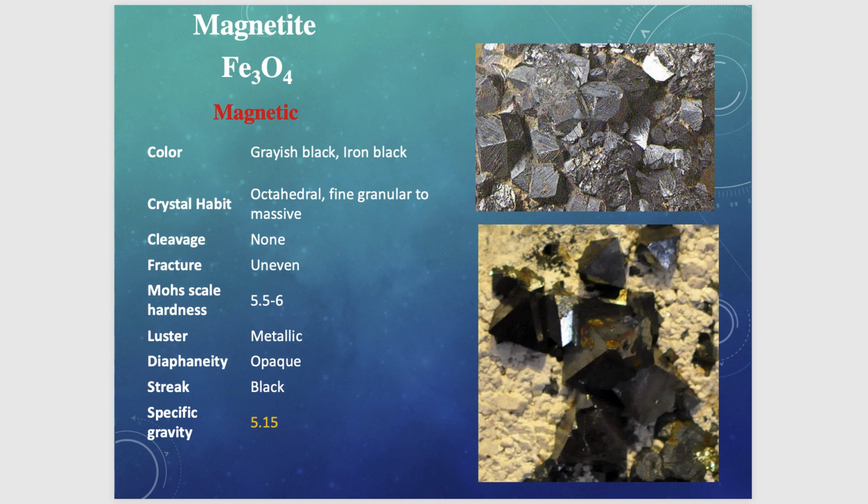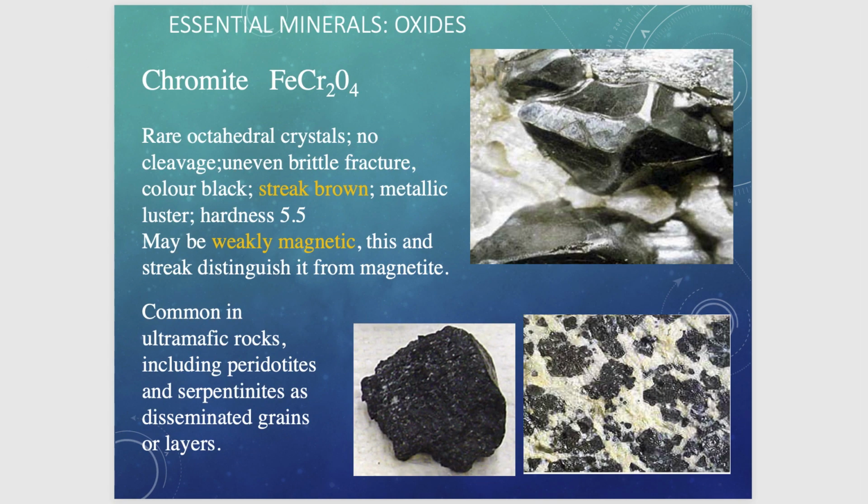Okay, the next mineral is the chromite. I was mentioning it before. Both the magnetite and chromite will be found in ultramafic sequences. They often form layered or banded formations. For example, the magnetite is abundant in the Bushveld complex together with the chromites.